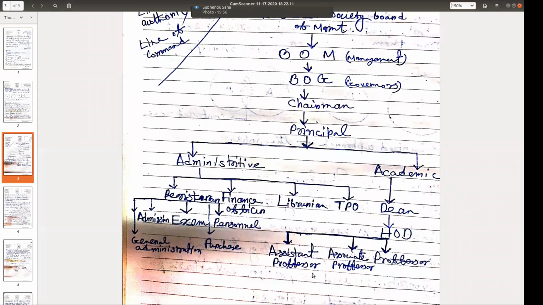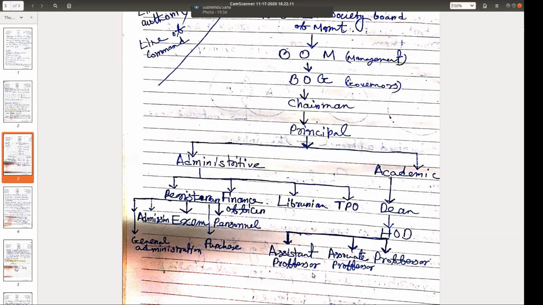So if we come from top to bottom, this is basically vertical coordination. So HODs are under the dean, and assistant professors, associate professors, professors are under the HODs here in this example. In the same way, on the left-hand side there is the administrative section.